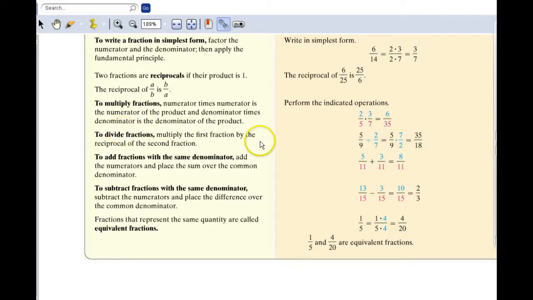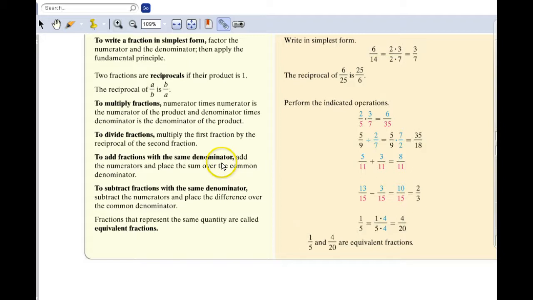To divide fractions, we first convert the division of fractions to multiplication by changing the division sign to multiplication and then taking the reciprocal of the second term. Again, canceling out if you can, otherwise just multiplying across.